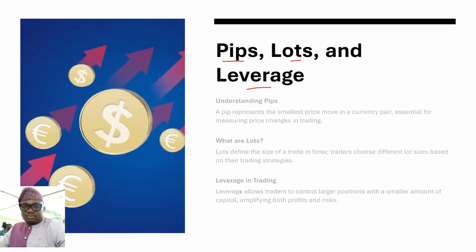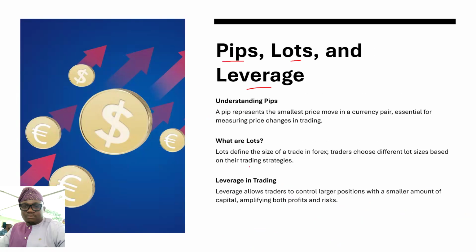So moving forward, we're now talking about pips in the market. What are pips, lots, and leverage? Let's see. Understanding pips: a pip represents the smallest price movement in a currency pair, essential for measuring price changes in trading.